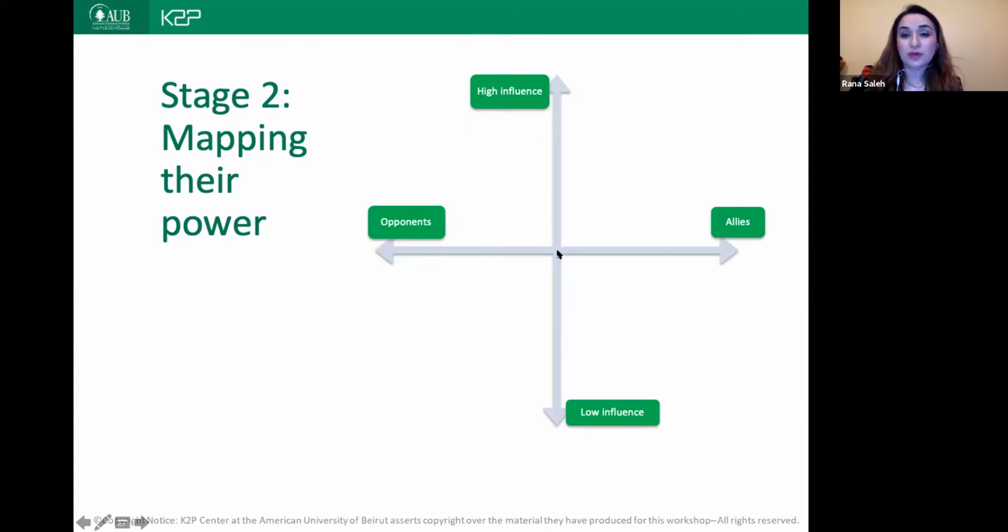To guide your work, you can also try to have a scale here if you find the scale helpful. So for example, from 0 to 5, and also from 0 to 5. That would help you identify the position of the stakeholders. We will show you an example in a few moments so that it becomes easier to grasp.